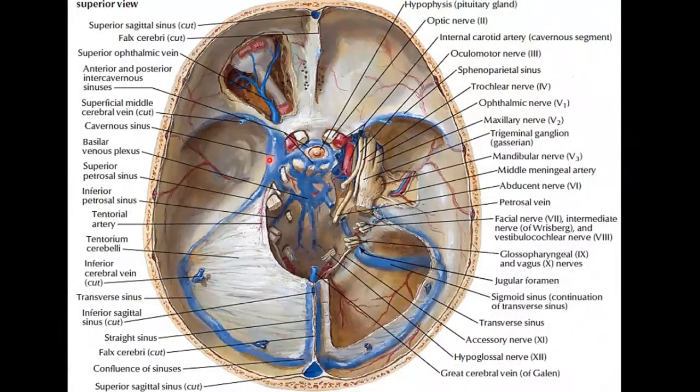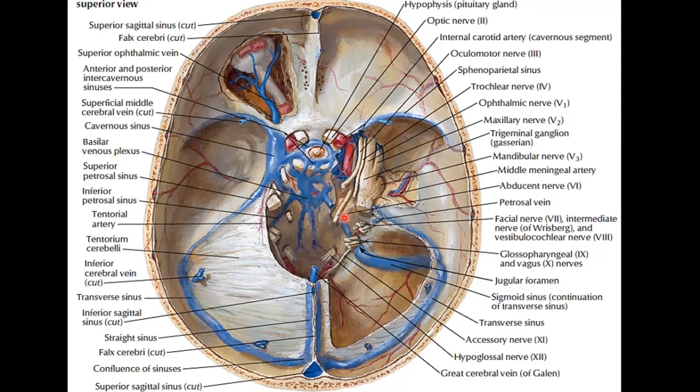Now, here we are. This is your cavernous sinus here. Okay, and you can see it is extending from here. This is the location of the superior orbital fissure. Okay, and this is the apex of the petrous temporal bone, and you can see some structures which traverse the superior orbital fissure there.